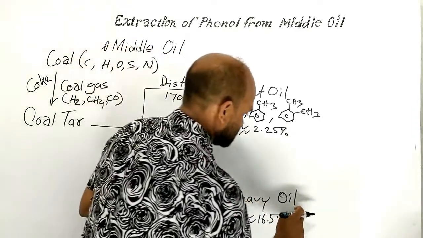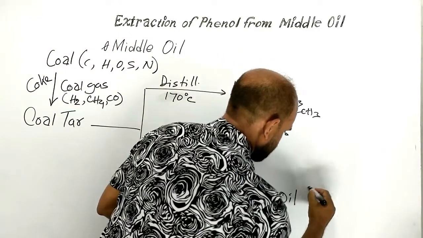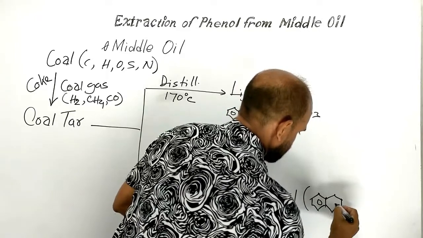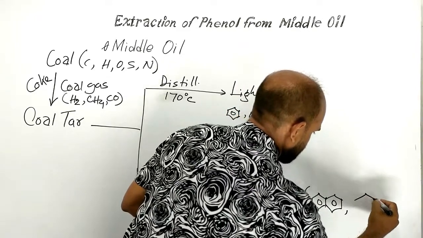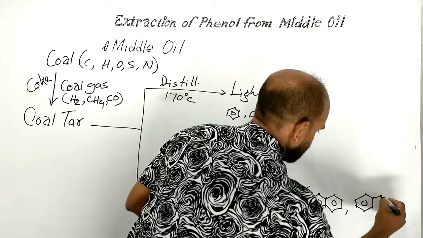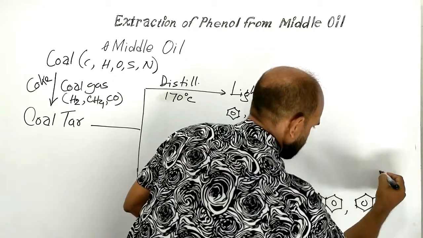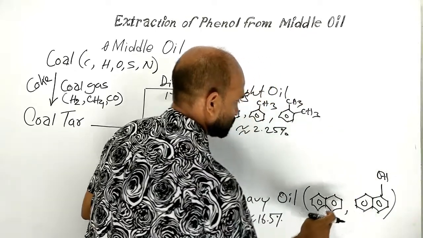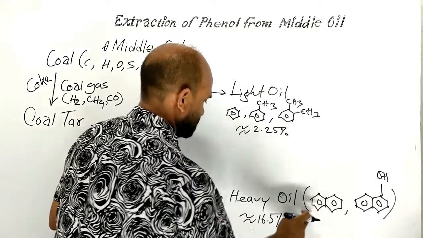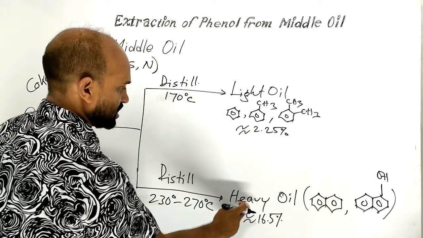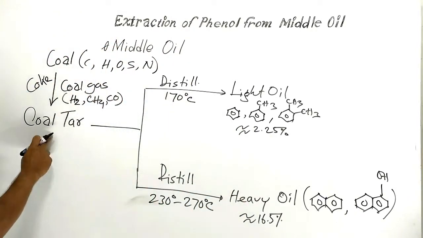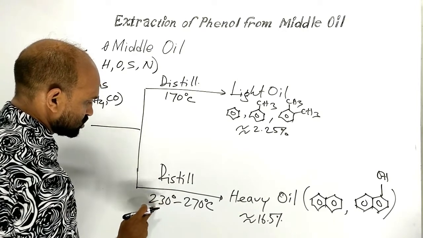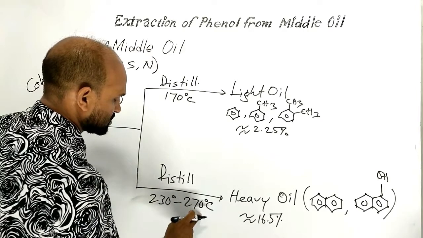Heavy oil contains basically naphthalene and naphthol. Naphthol is hydroxyl group substituted naphthalene. So heavy oil is obtained as distillate from coal tar at 230 to 270 degrees Celsius temperature.